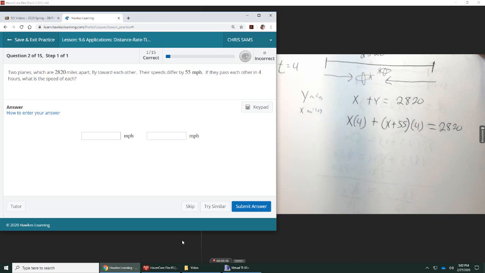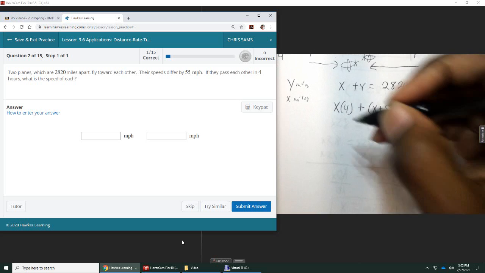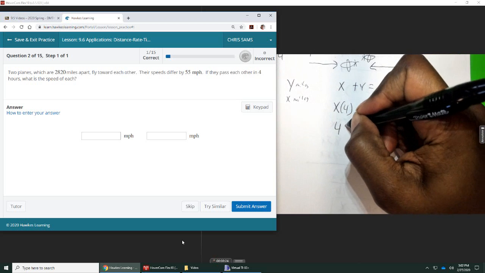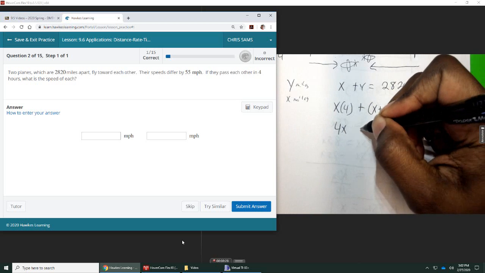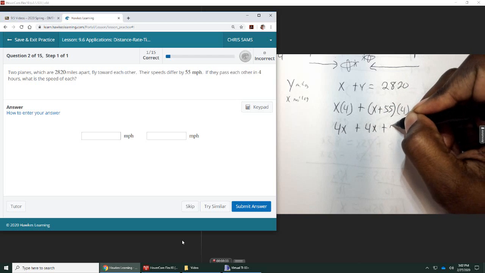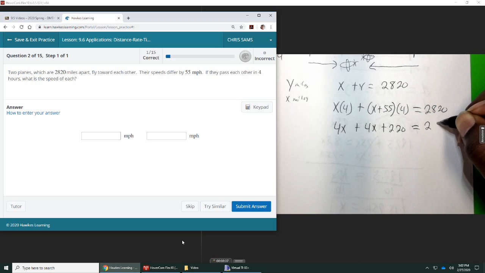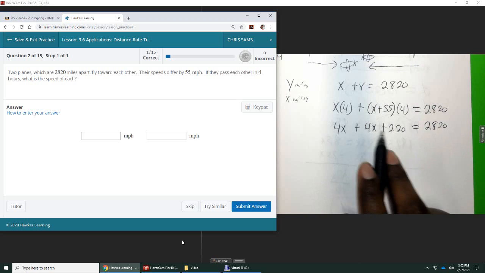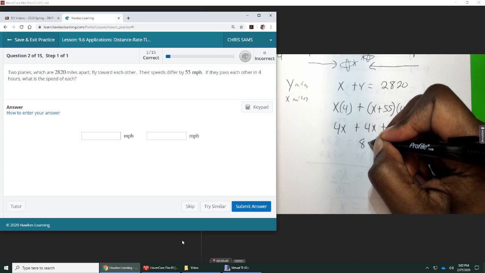And so here's the equation that we get. If I multiply 4x and then distribute the 4 throughout the parentheses, I get another 4x plus 220. This equals 2,820. We'll combine like terms on the left side, so 4x plus 4x gives us 8x.